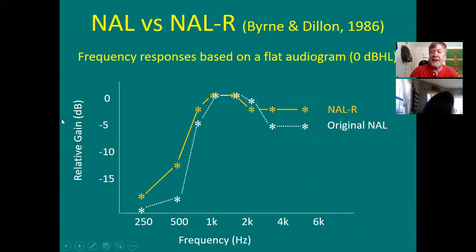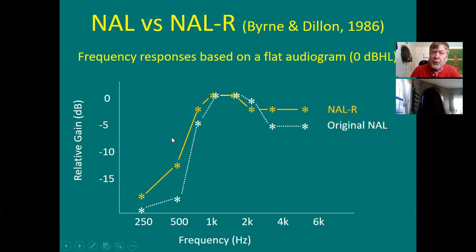So when you're looking at NAL, it gets a little bit tricky because NAL changed its mind a little bit. Now look at this slide here very carefully. The vertical axis is relative gain. This means pretend the guy has no hearing loss. Perfectly normal hearing. His thresholds are 0, 0, 0, 0 all across the board.